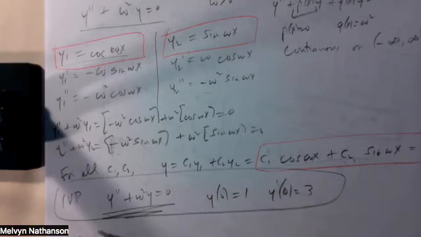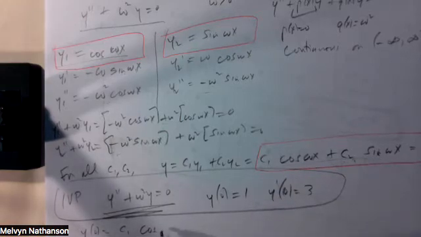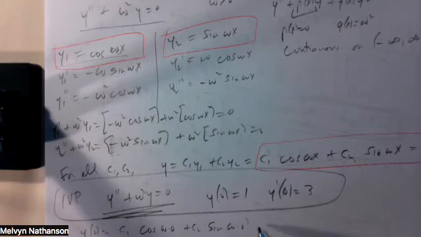That is, y of 0 equals C1 cosine of omega times 0 plus C2 sine of omega times 0. Well, cosine of 0 is 1. This is just C1. Sine of 0 is 0. So y of 0 is just C1.